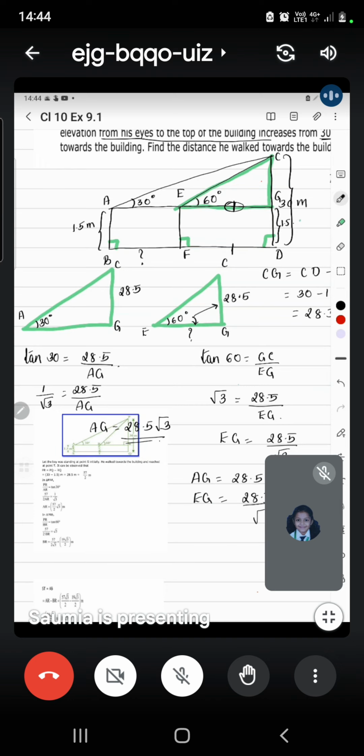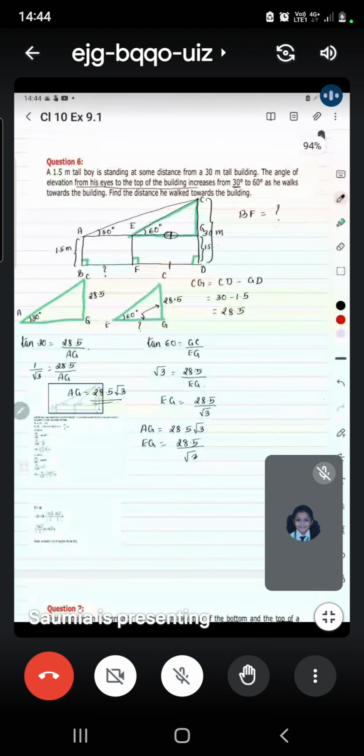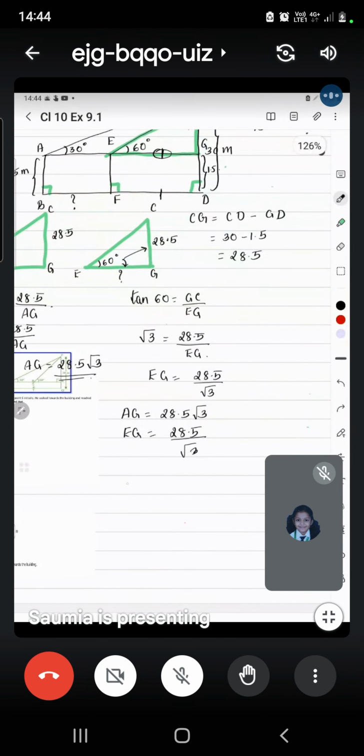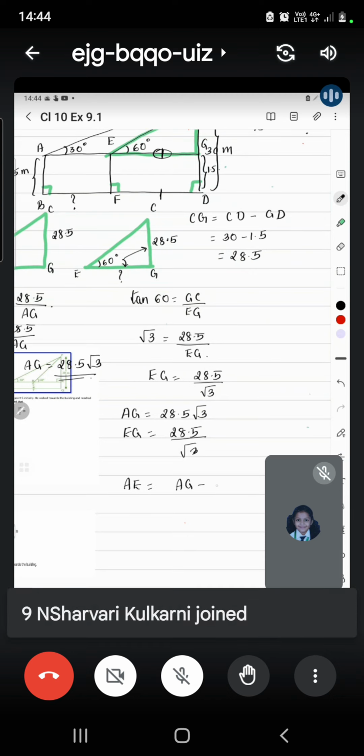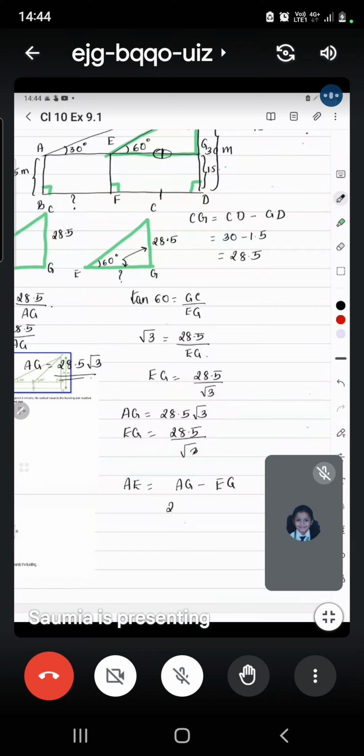So now I have got AG as 28.5 root 3 and I have got EG as 28.5 upon root 3. Now how useful are they to me? Why did I find them out? AG minus EG is AE. So AE is equal to AG minus what? EG. So I will get 28.5 into root 3 minus 28.5 upon root 3.